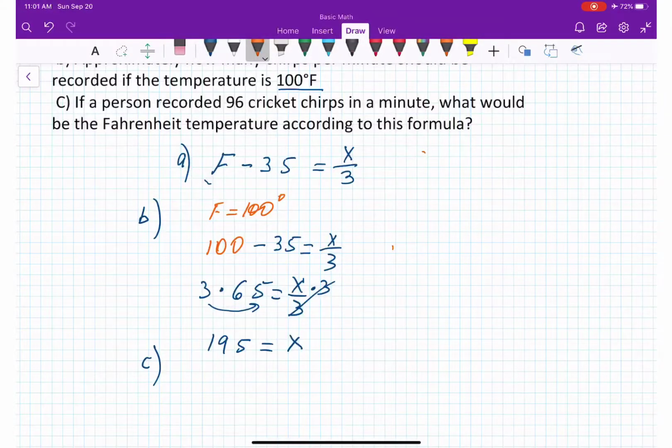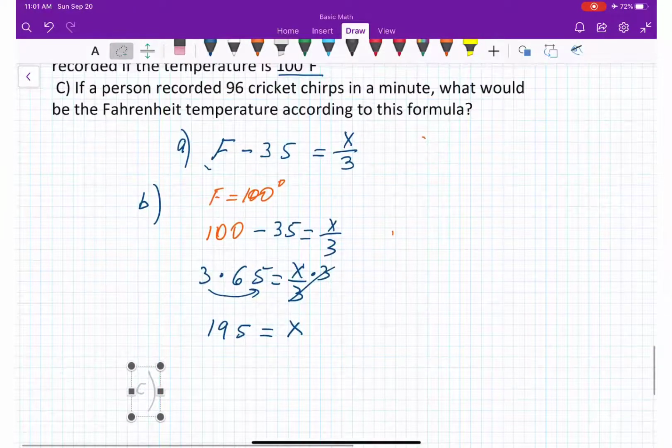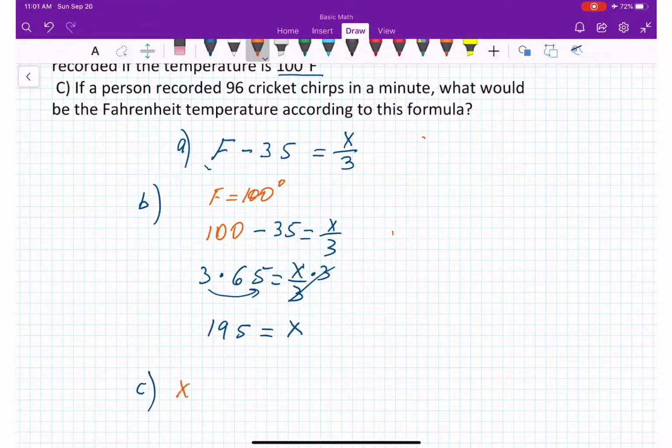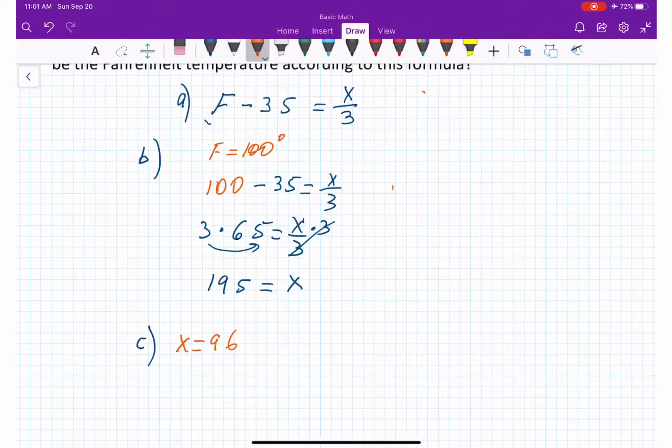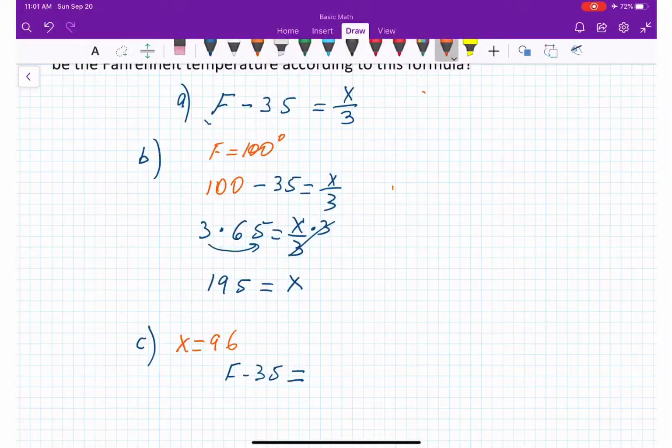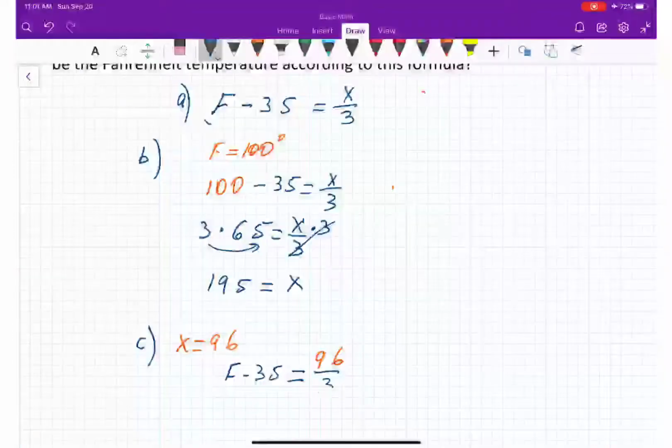Now, it's given x. X is equal 96. And we have to find F. So F minus 35 is equal 96 over 3.